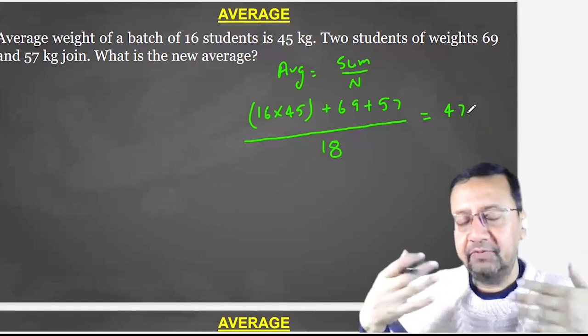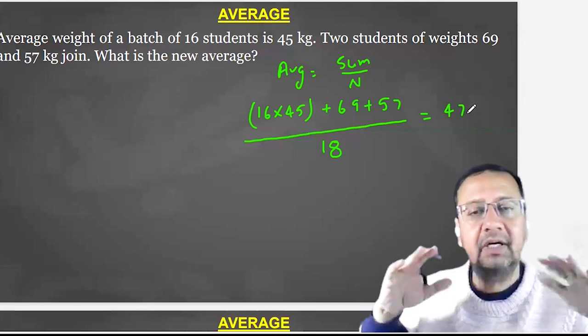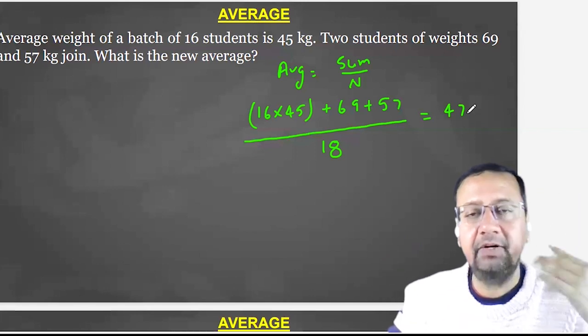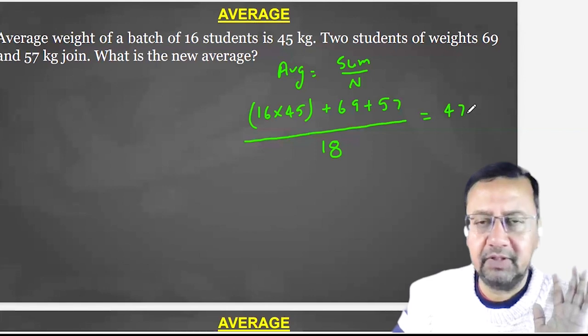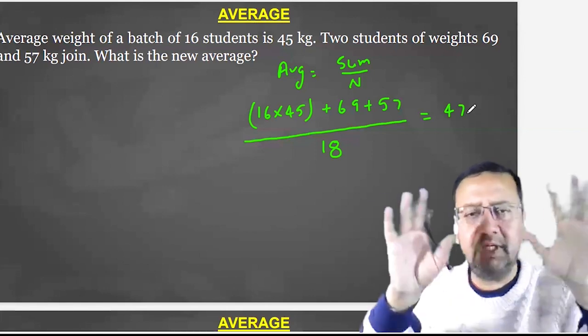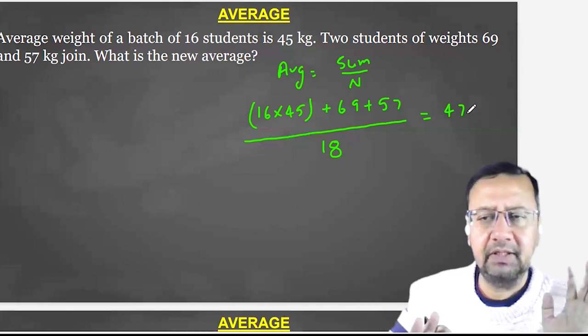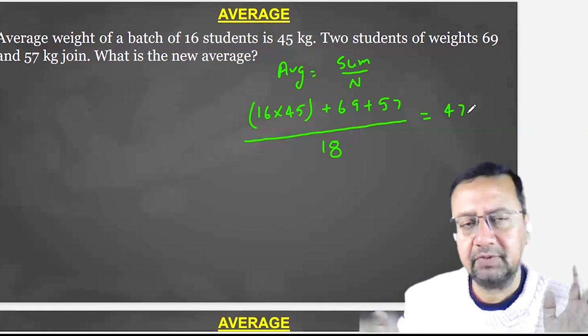So whenever you're reading the question, just try to work the numbers, the equation, the method in the back of your mind. So the average weight of a batch of 16 is 45 kg. Just try to create a picture in your mind, right? Two students are coming in. One is 69, so how much extra? 24. Second is 57, how much extra? 12 kg.